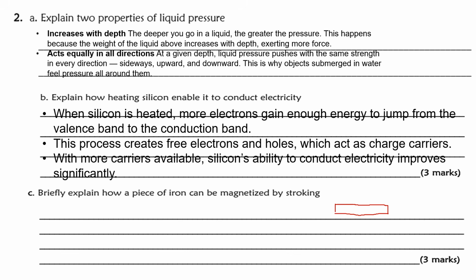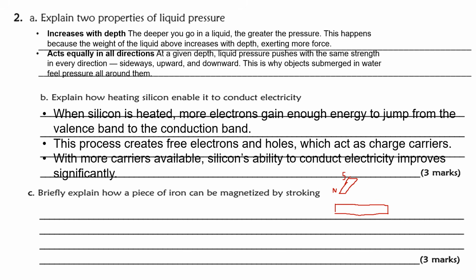And then you get a magnet, a non-magnet, with two poles, north and south.